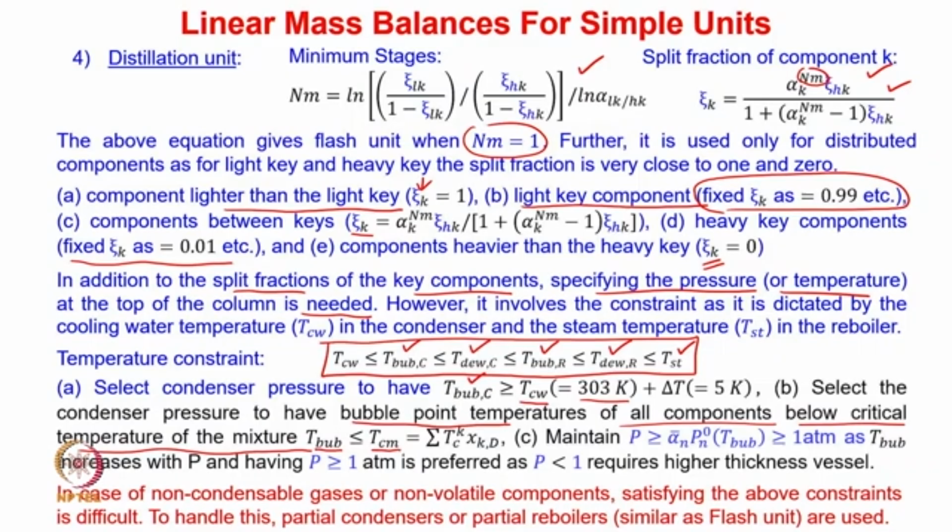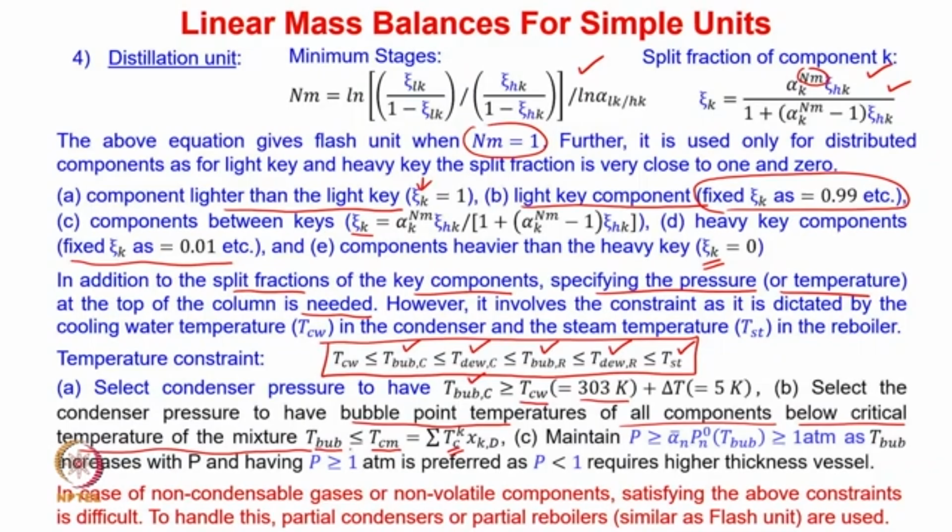The critical temperature of the mixture you can calculate: the critical temperature of each component we can get, multiplied by the corresponding mole fractions. This weighted value is taken as the average critical temperature of the mixture. So the bubble point temperature of each component should be less than this. Why? Primarily because we want to condense the components which are there in the condenser, isn't it?